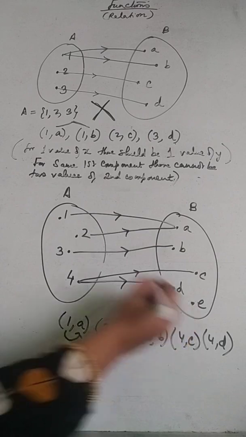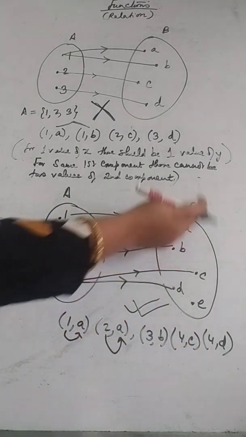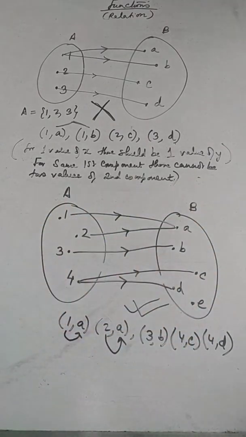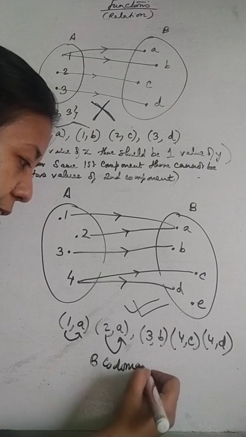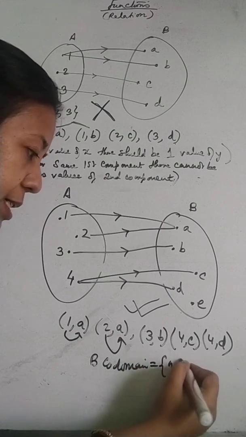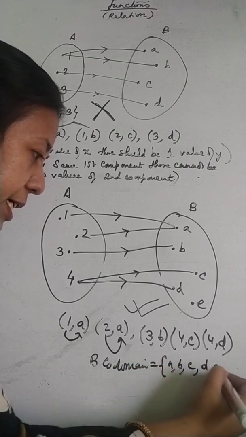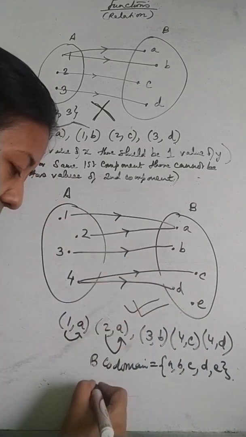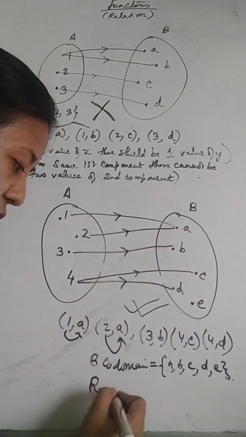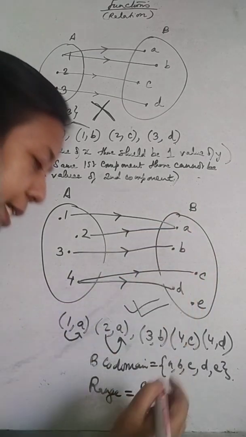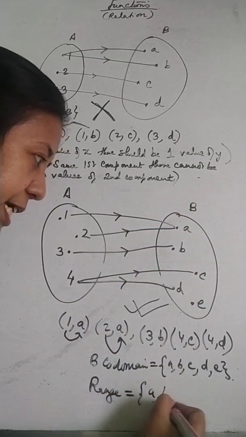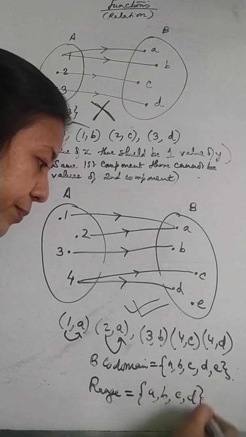Moreover, all the elements of A are utilized. The set B can have elements left over, doesn't matter. B is the codomain, consisting of the elements a, b, c, d, e for this function. Whereas if I write only the range of this function, it will be only the values of y that I am getting for a value of x, that is a, b, c, d only.